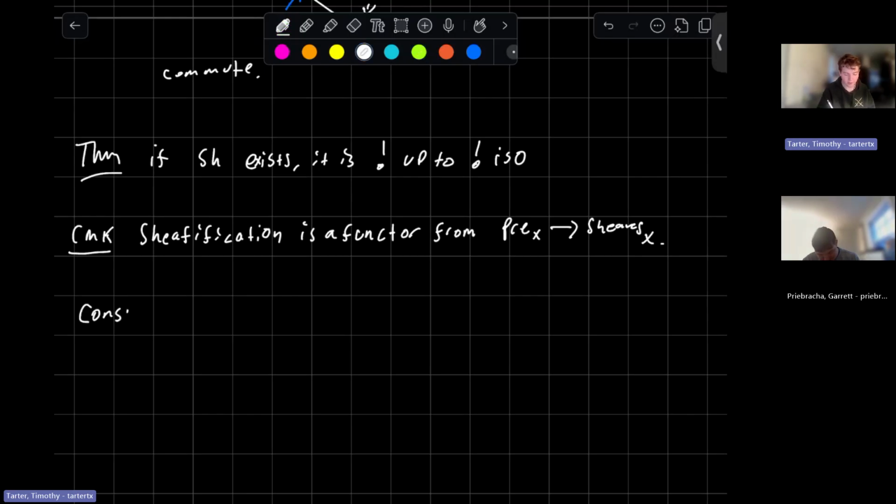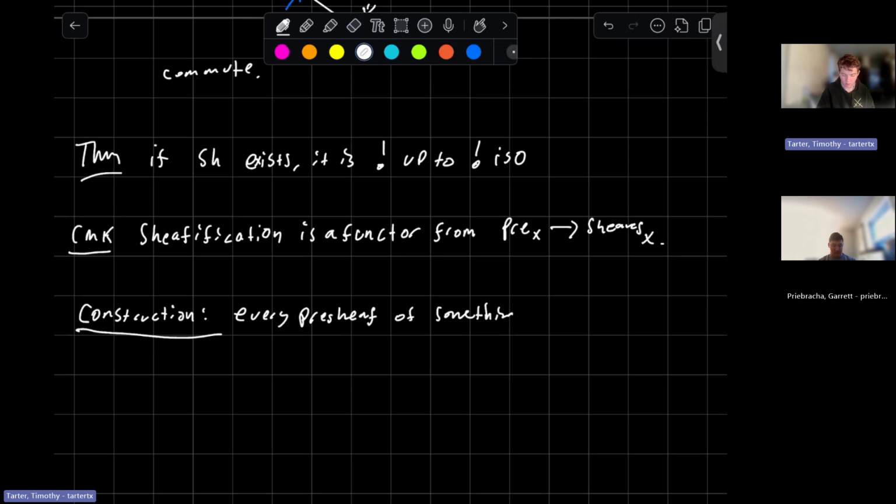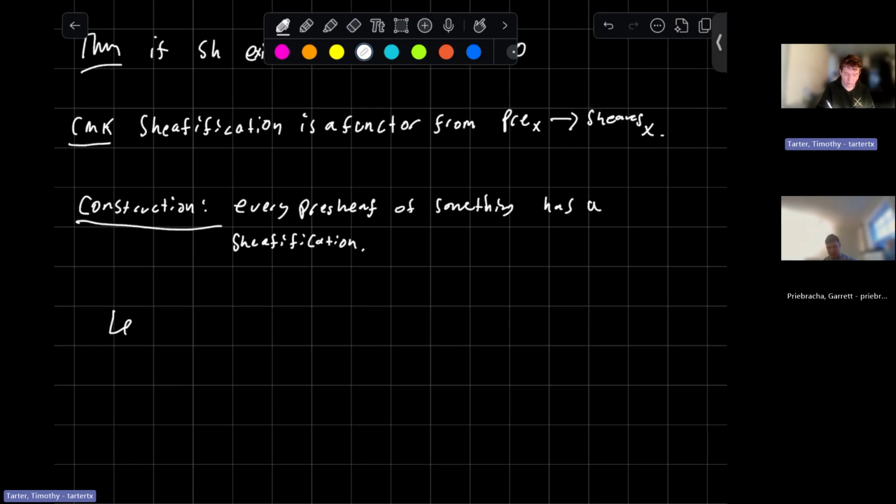So, constructing existence. Every pre-sheaf has a sheafification. Let script F be a pre-sheaf.